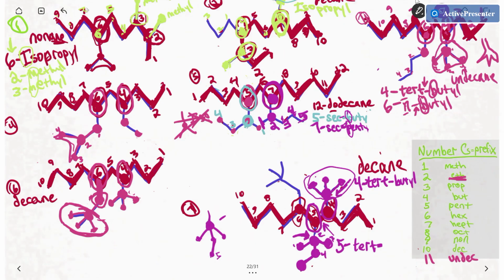Because what's important to make sure that it's tert is that the attaching carbon that attaches to the parent strand is bonded to 3 and only 3 carbons in the substituent. And if one of those carbons is bonded to another carbon, fine, it's still tert. So this is a 1, 2, 3, 4, 5 carbon substituent, which means a pentyl.